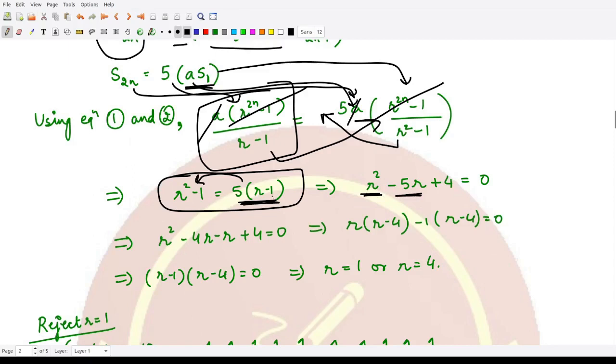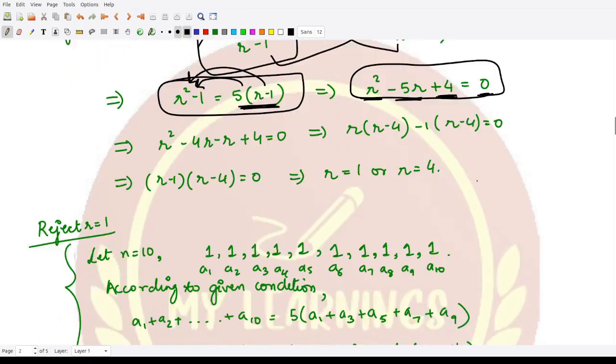Here you have minus 5, it would become plus 5 on reaching here. Plus 5 minus 1 is plus 4, equal to 0. Now this is a quadratic equation. We can very easily solve this quadratic equation, right? We can factorize it, and you see r minus 1 and r minus 4 become its factors. So either r is equal to 1 or r is equal to 4.